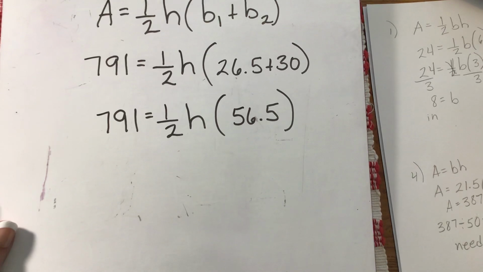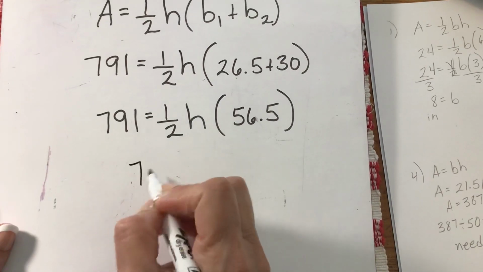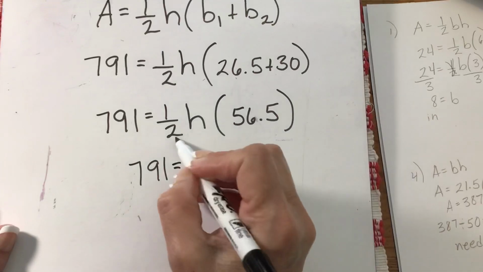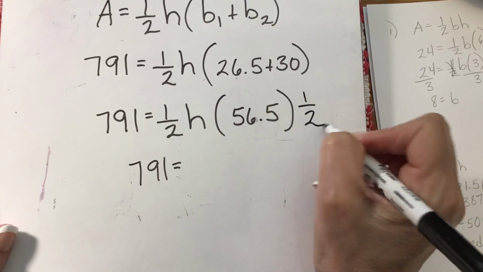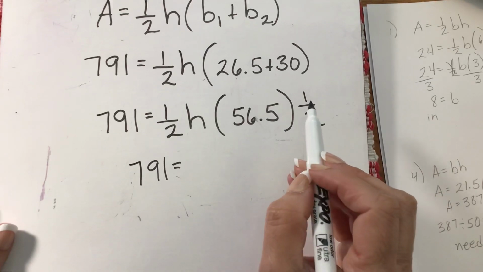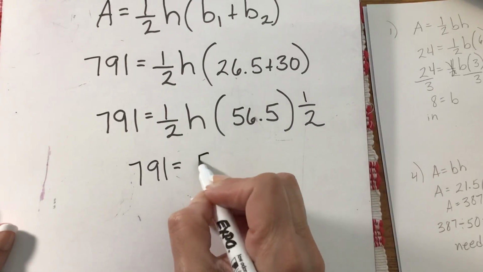Okay. You should get 791 equals, and what I did is I moved my 1/2 over here, okay? And I didn't cross reduce, but I just multiplied across. So I got 56. Oh, you know what?